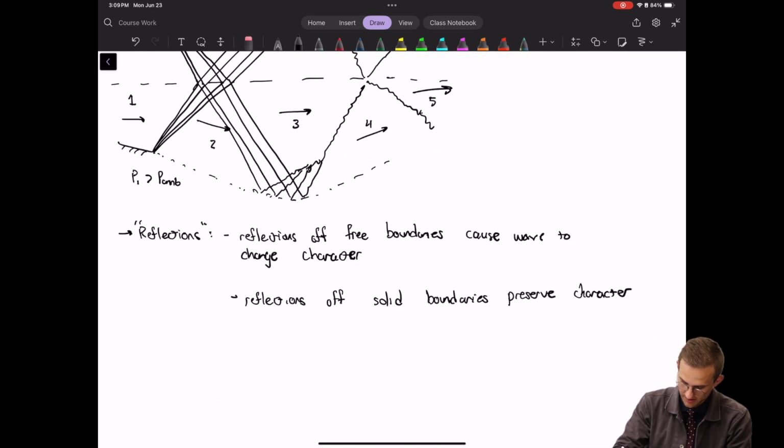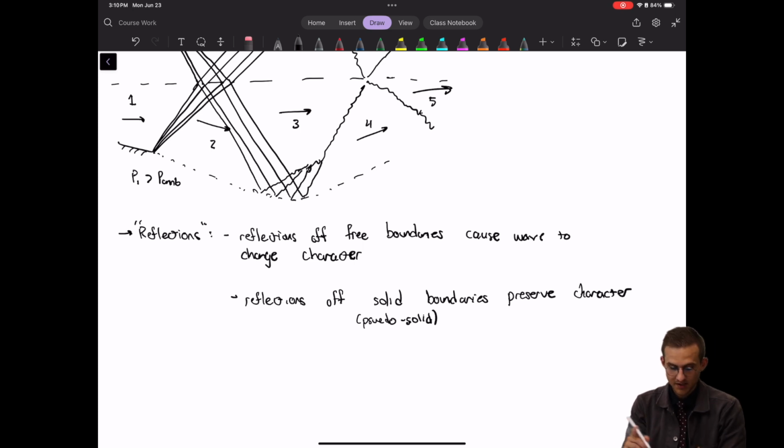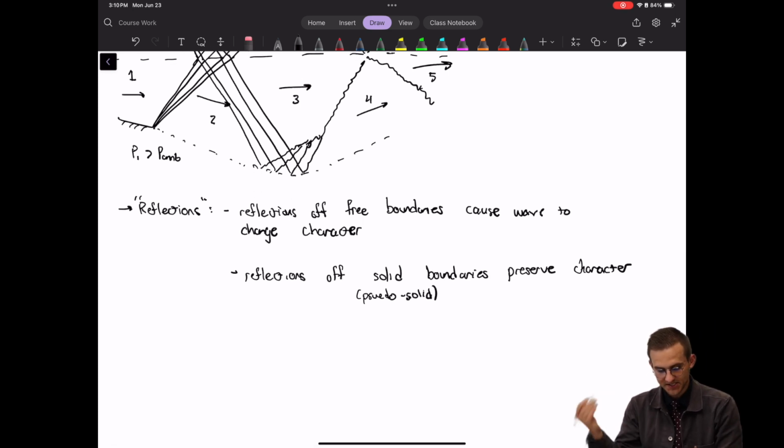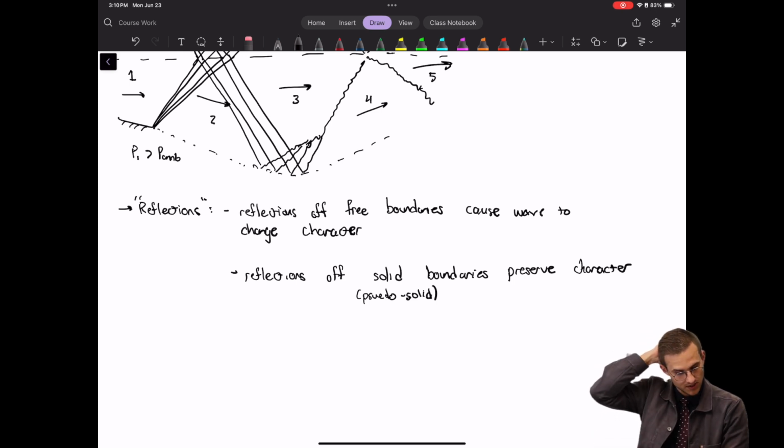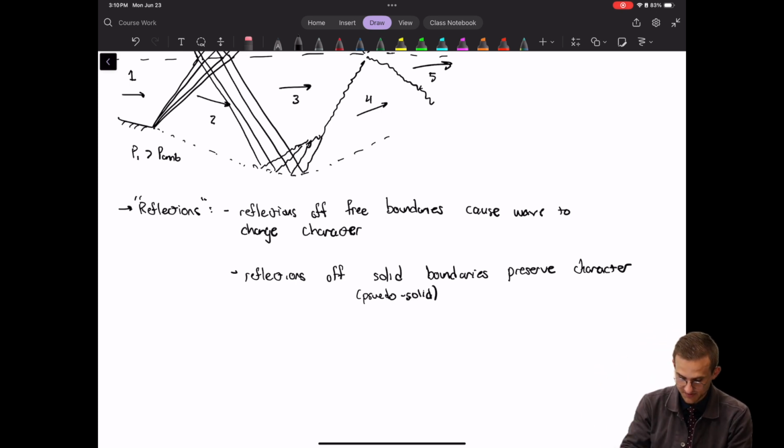So, and I should also say it's pseudo-solid, because the center line is not a solid boundary, but it's like a pseudo-solid boundary. But the reason why I'm presenting this as a type of mnemonic device to help draw these diagrams, instead of thinking of that as what's actually physically happening, is that they're not actual reflections.